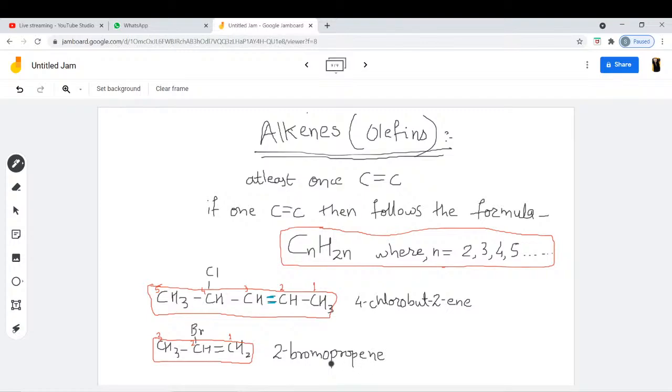But to these students I want to tell a few things. If you take propene, the double bond is always on the first carbon. A second carbon is not possible. That's why no need to write 1 here, no need to write 1-propene or prop-1-ene. 2 bromopropene, that much is sufficient. This name is sufficient.